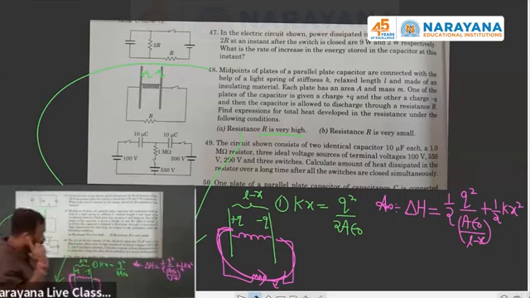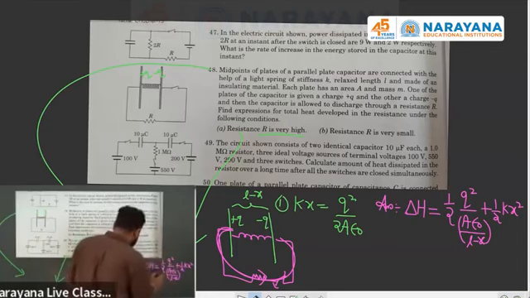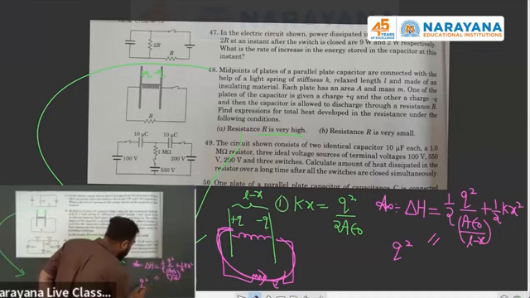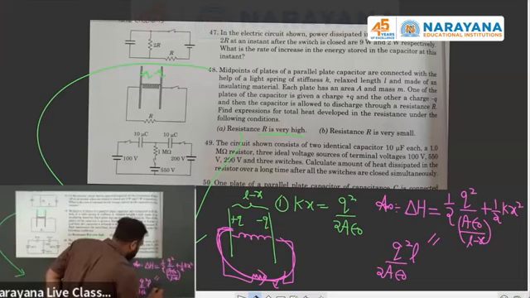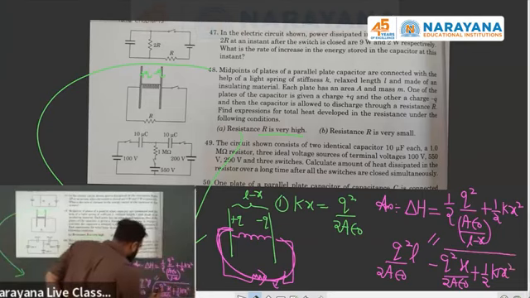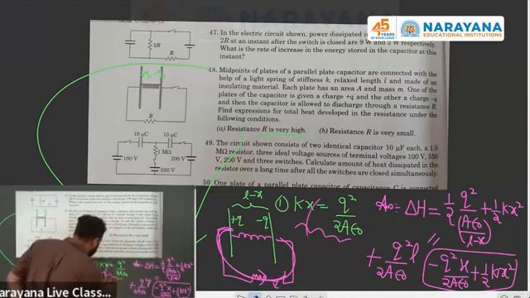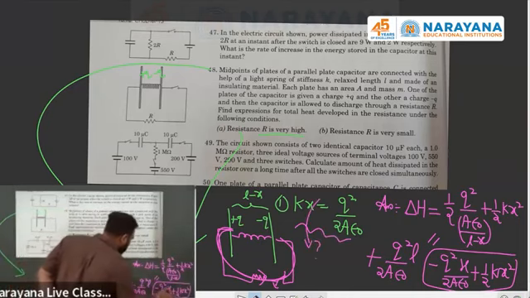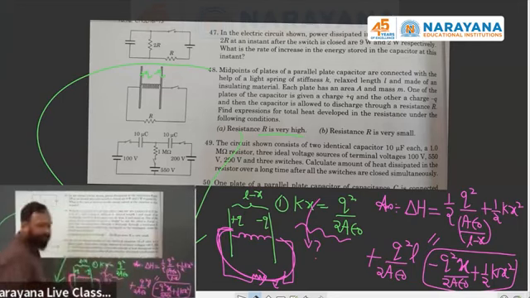Then things can fall in place properly, because this becomes Q square upon 2A epsilon naught times the L term. Then you have two terms, minus Q square x upon 2A epsilon naught and plus half Kx square. And you understand that these two terms can be calculated as Kx is given. So calculate the value of x and substitute it here. You will get your final answer.